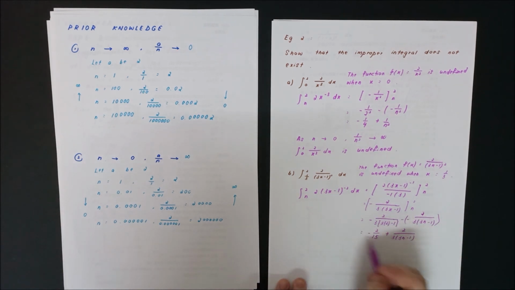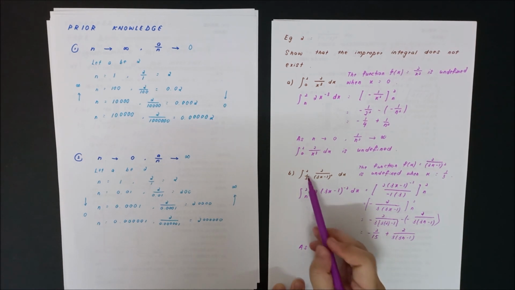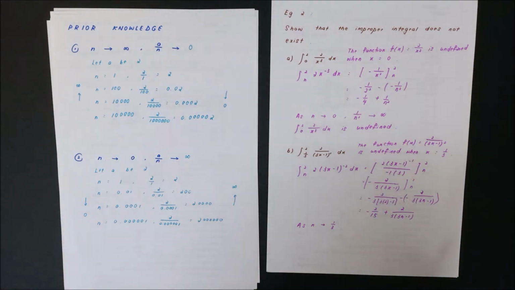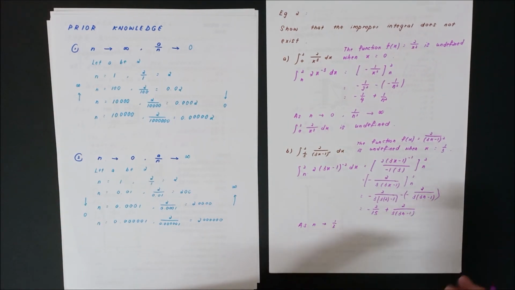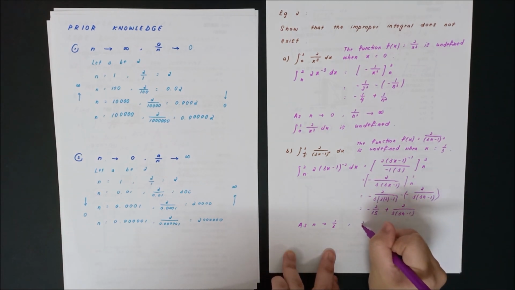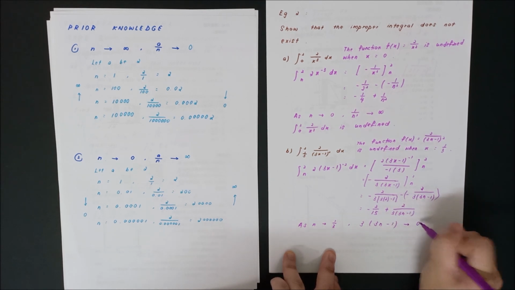Now we can write that as n approaches 1 over 3, which is the n that we are substituting, it's not 0 here. When n approaches 1 over 3, this number 3n minus 1 will be approaching 0.